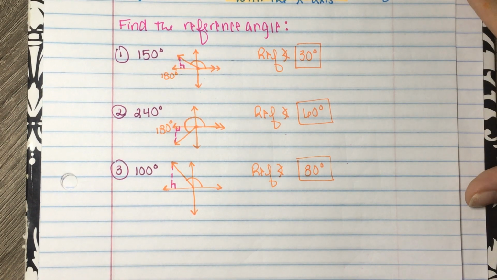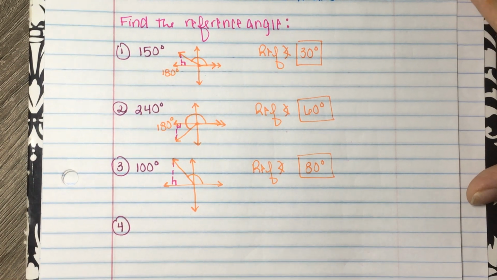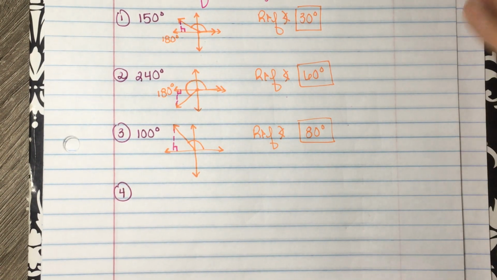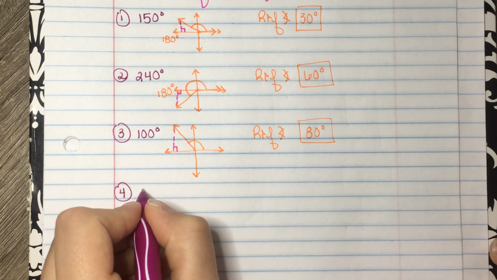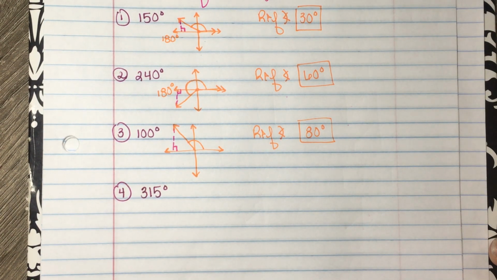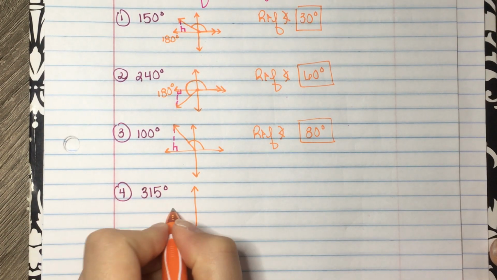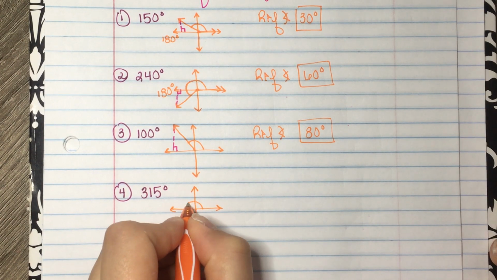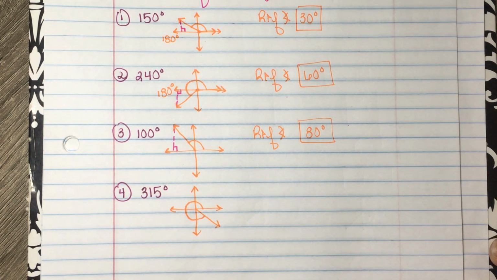Now, just because I noticed that the last 3 examples that I just made up off the top of my head were with 180, I lied. Miss Marflex is going to show you one more before we do one more piece of notes, and that's going to be, let's see, we'll do 315. All right, so I'm going to draw 315 now just so that we can see it. And we're going to pass 90, pass 180, pass 270, and we're almost at 360.